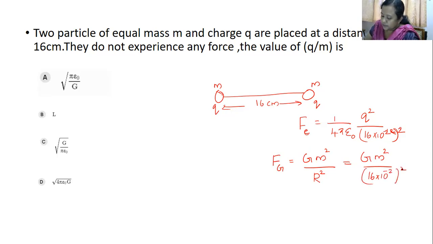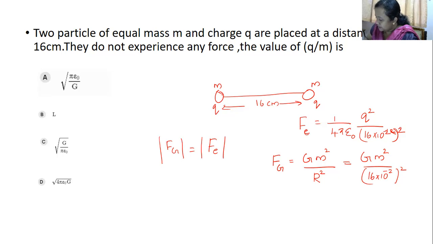So it is given that there is no force experienced between them. That means Fg and Fe are balancing, that is, Fg is equal to Fe, the Coulomb force. So it's given in our problem.